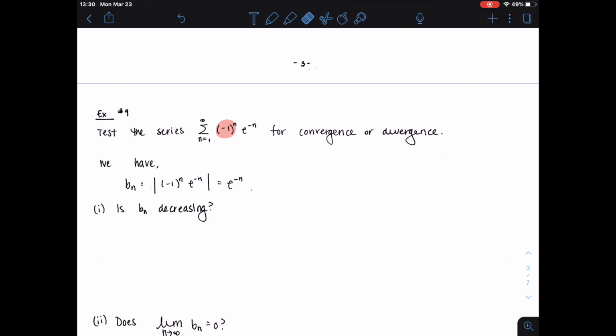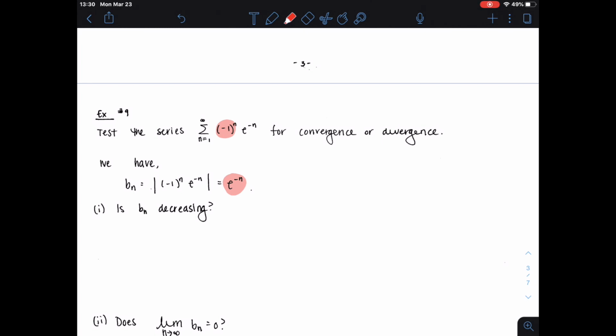So we take the absolute value of this and we want to show what's left over is decreasing and that limit goes to 0. So you ignore the alternating part, you show the hypotheses on e to the -n. Is this decreasing, and does the limit go to 0?